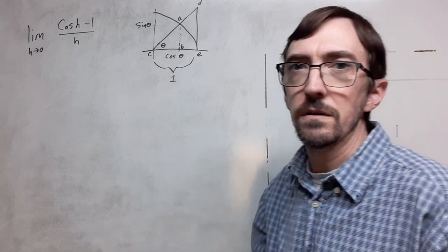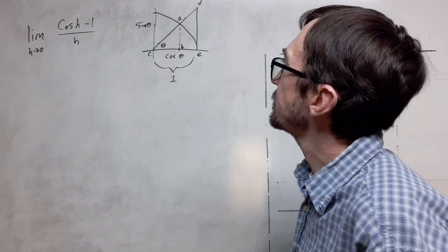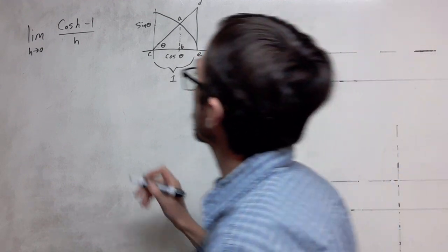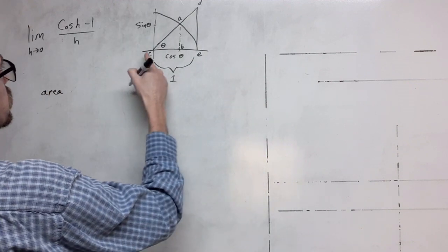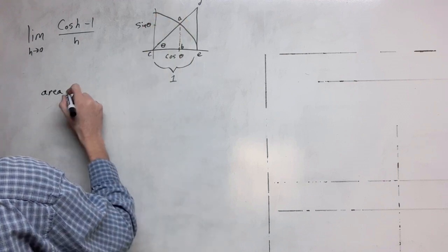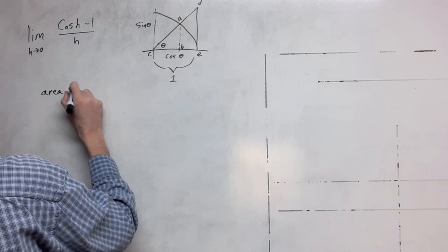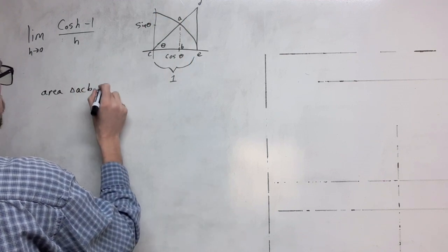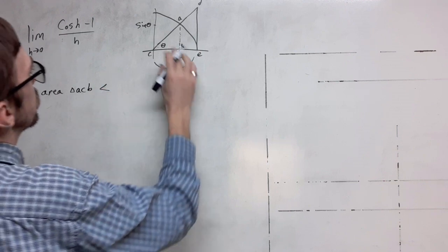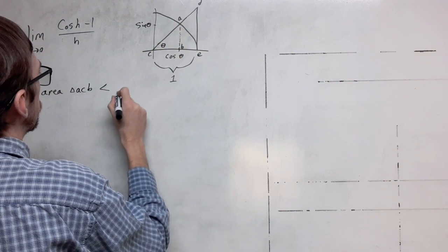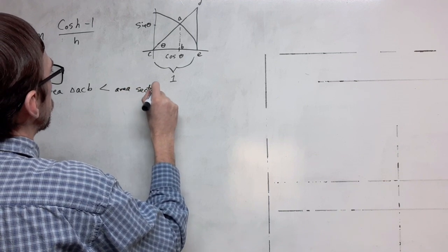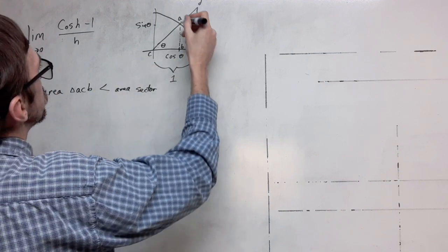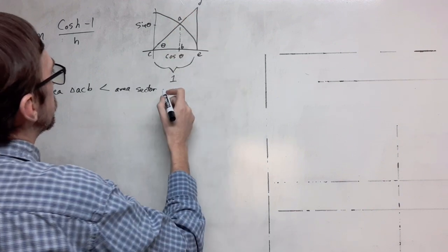And we're going to do a bit of a squeeze here. So the area of the small triangle ACB is going to be less than this sector, which is ACE.